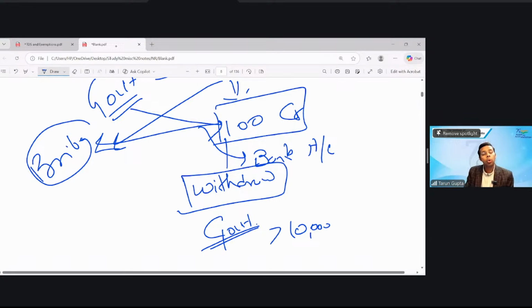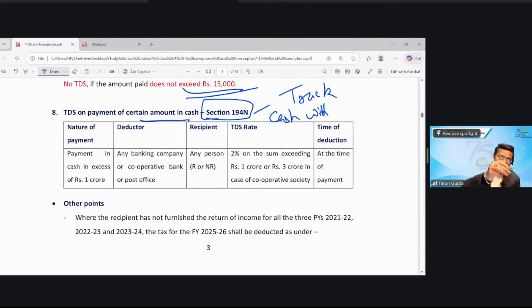And if you're withdrawing crores of rupees, what are you doing with that? So if the government has the information, then it can ask the question. So 194N is not to recover the tax, but to track the transaction, to get the information. There are multiple reasons for which a provision might be used.